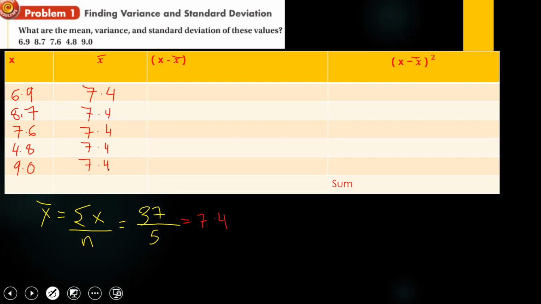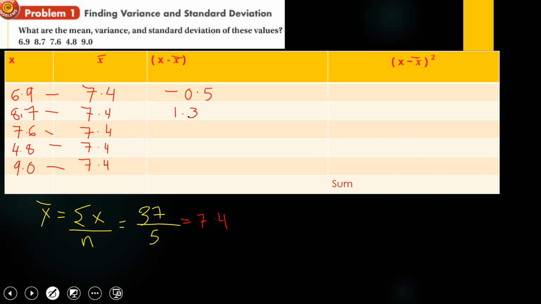After that, as I told you, I have to find the difference between each value and the mean. That means I have to subtract: 6.9 minus 7.4 is negative 0.5. Then 8.7 minus 7.4 is 1.3.